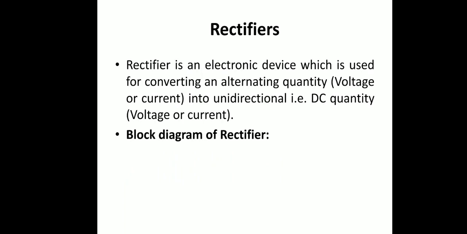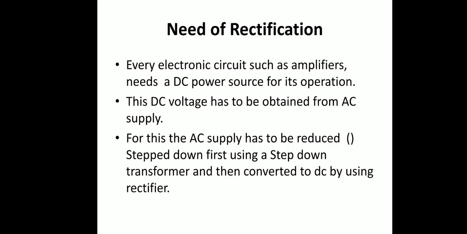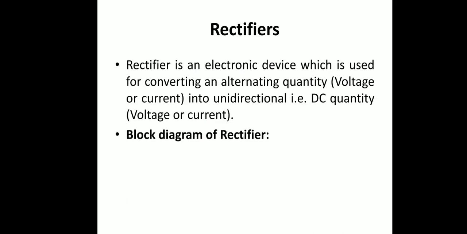When the voltage is applied to the PN junction diode in such a way that the positive terminal of the battery is connected to the P side of the PN junction diode, and the negative terminal of the battery is connected to the N type semiconductor, the diode is said to be forward biased.